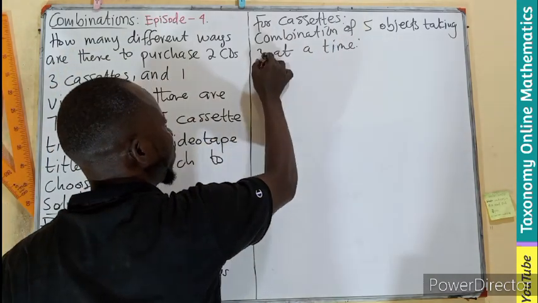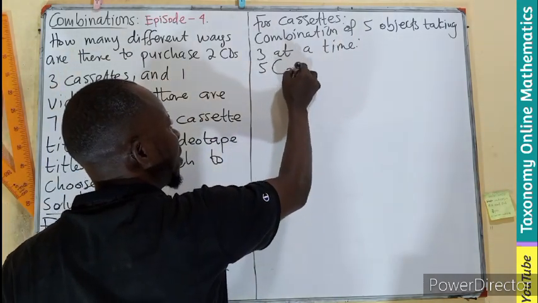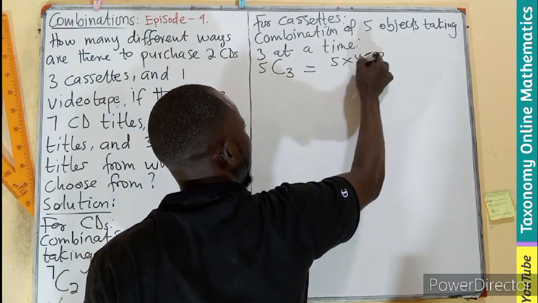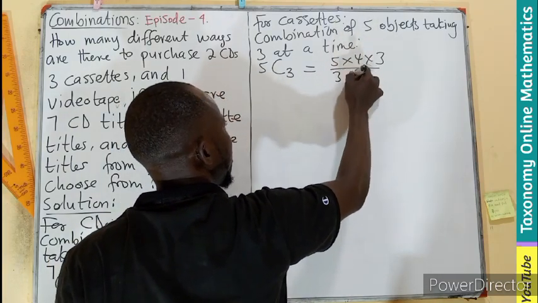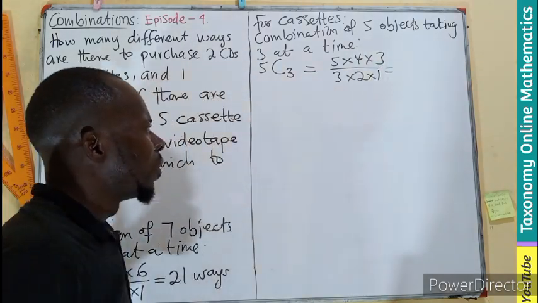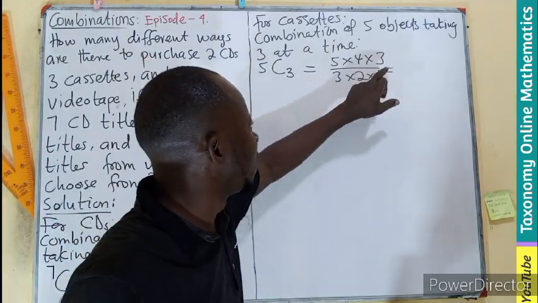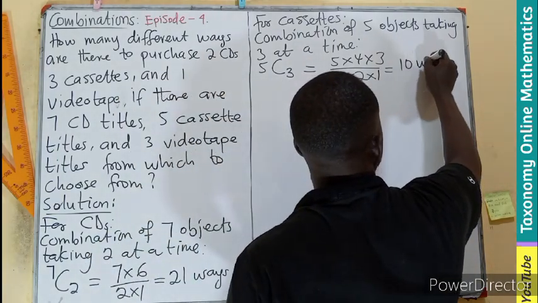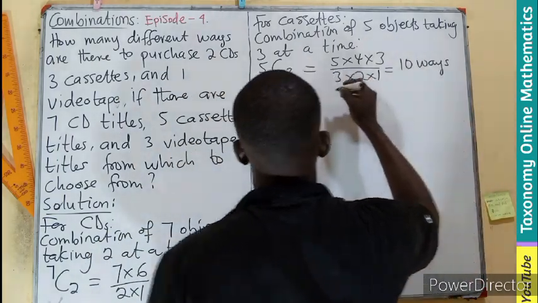So that simply means 5 combination 3, which means 5 times 4 times 3 over 3 times 2 times 1. This will cancel this. This will be 20 divided by 2, so you have 10 ways.